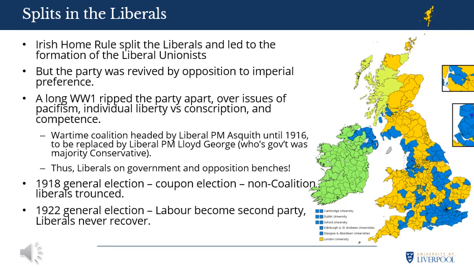This time over whether to support tariffs to help get the country out of a budget deficit. The party was divided between Sir John Simon's Liberal National supporters of the Conservative-dominated national government, Sir Herbert Samuel's opposition Liberals, and a small number of independent Liberals who still clung to the ageing Lloyd George and were opposed to the tariffs. The National Liberals eventually merged into the Conservative Party in 1968.